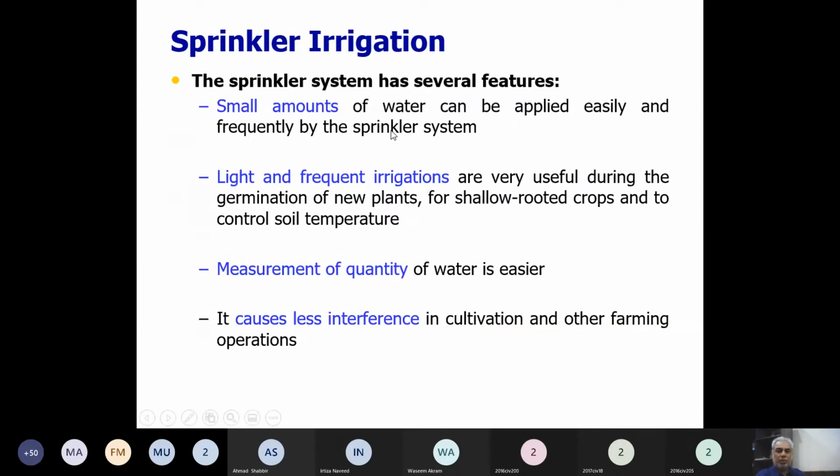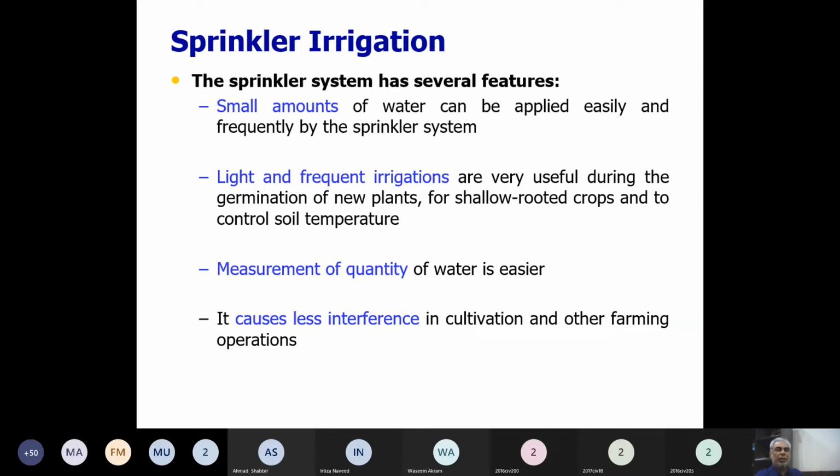The advantages of this method are that we can apply a small amount of water at frequent intervals. In the surface irrigation method, which is fed from a canal, from a channel, from a distributary, you have to apply water after 7 or 10 days.